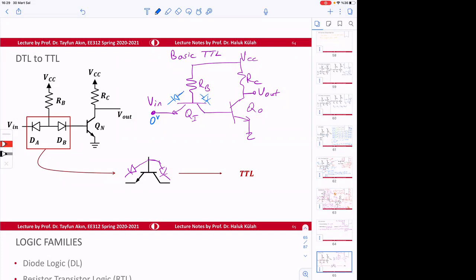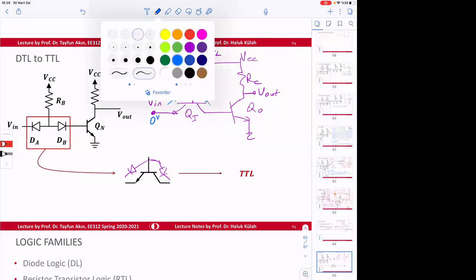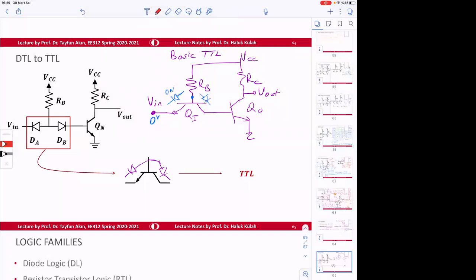So this base emitter junction is going to be on. Why? Because there's a current path here that current can pass. So if that is on, the base emitter of QI is on. So QI can be either saturated or forward active.